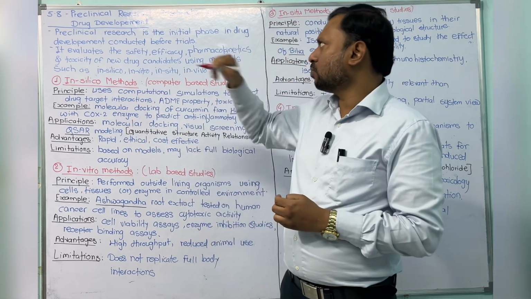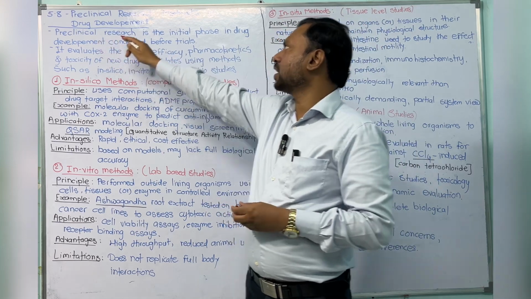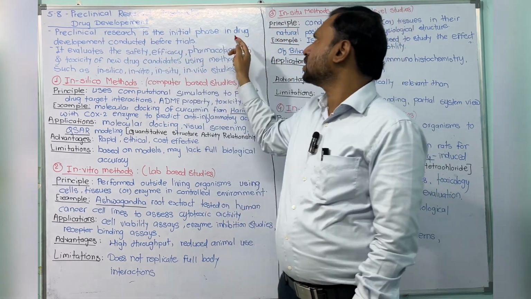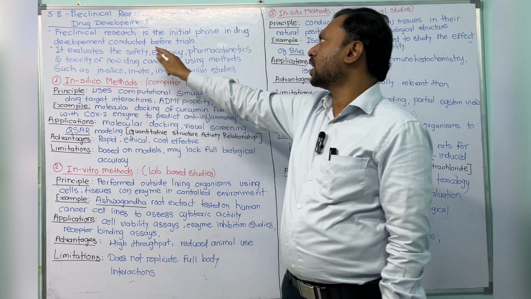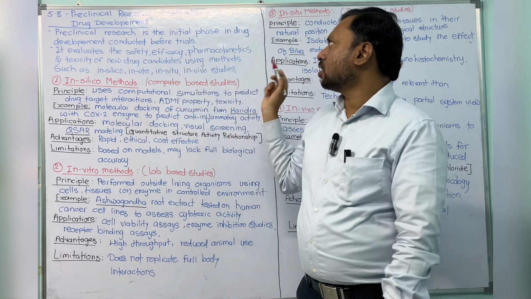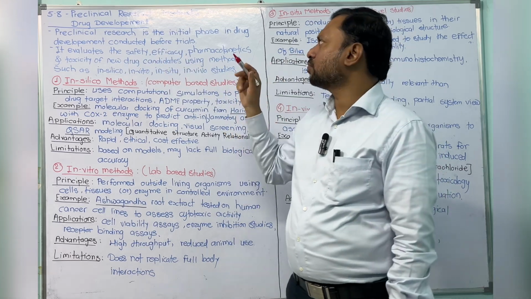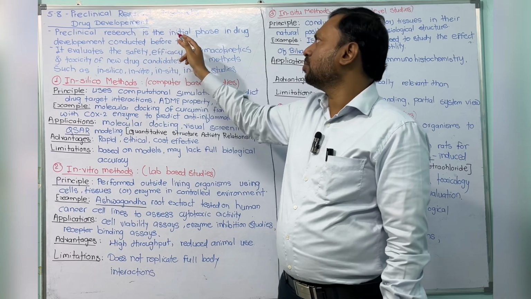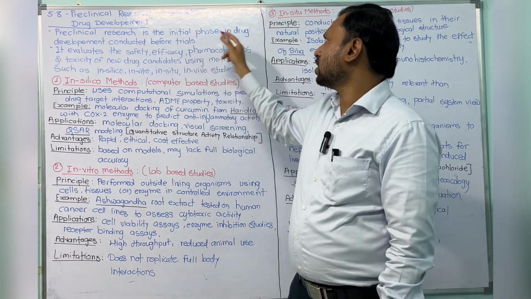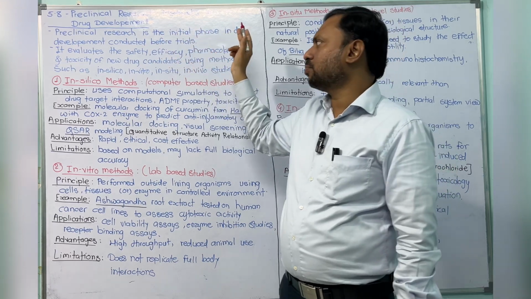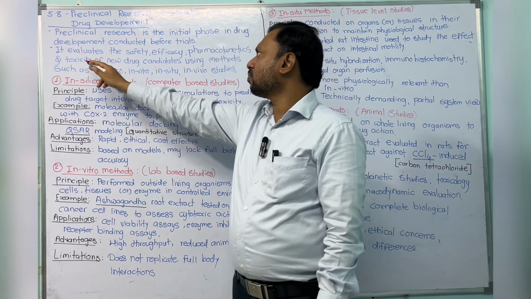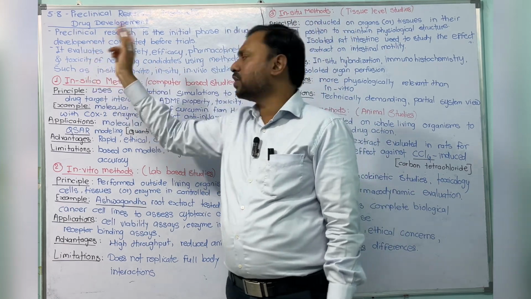Now we'll study what is meant by preclinical. Preclinical research is the initial phase in drug development, conducted before the trial. It means that before giving to human beings, this is one of the initial phases of development of the new trial drug. Here, what are the things we are evaluating?